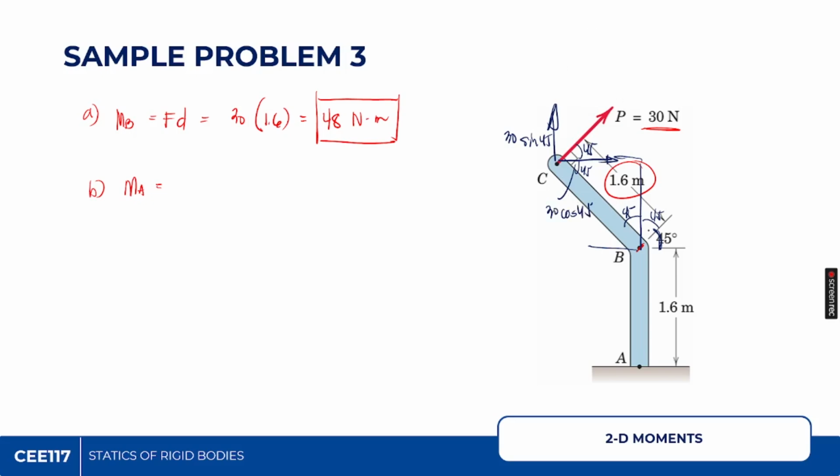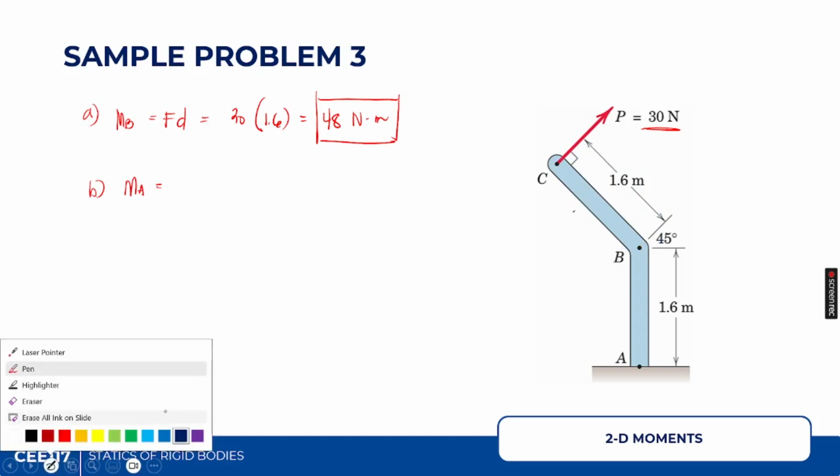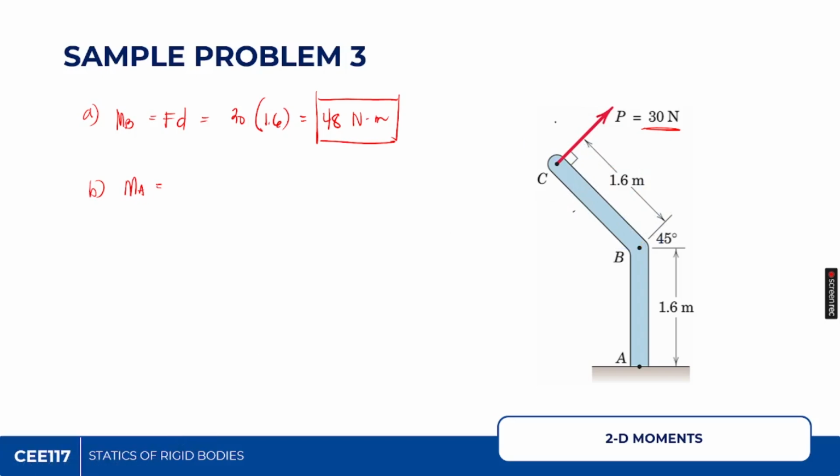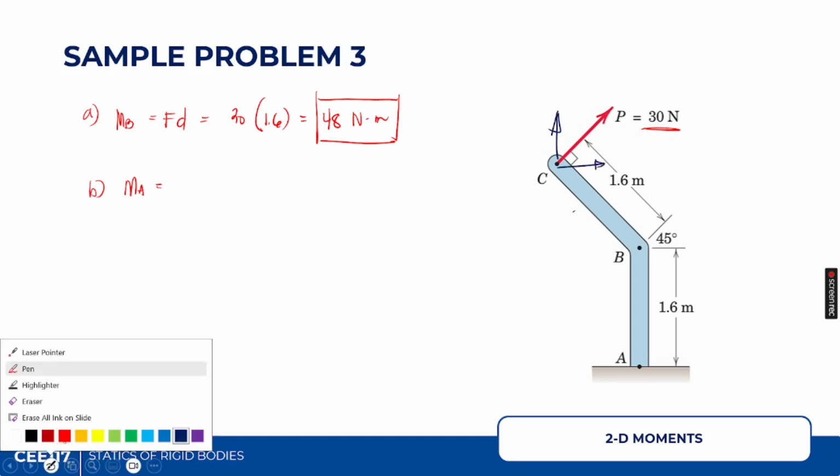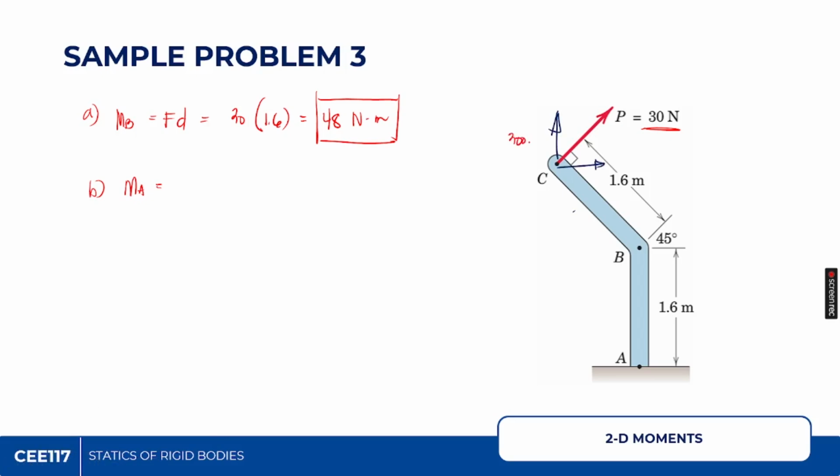So, let me just erase, para malinis. Okay? So, basta nakuha na natin that these two are equivalent to 30 sine 45, ito naman, that is 30 cosine 45.